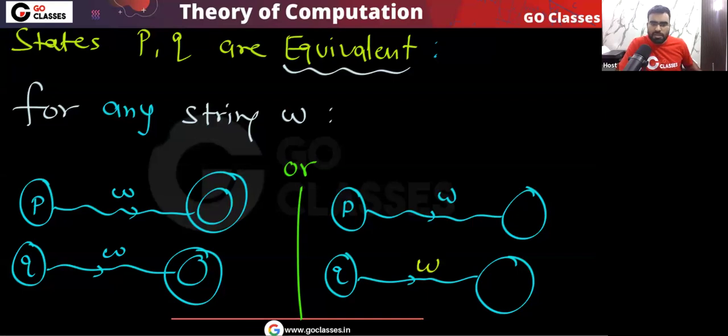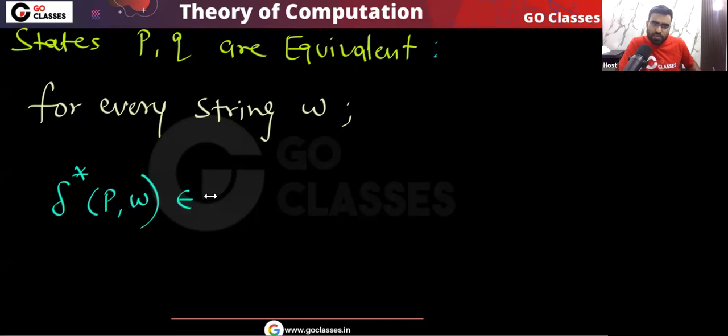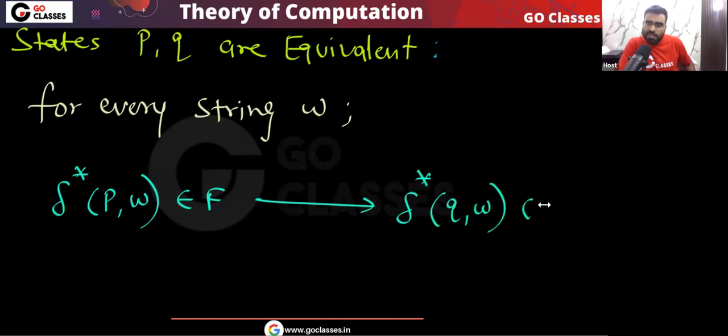Let me know. This is the definition of equivalent. So remember, I can say two states are equivalent if for every string W, if P is going to final, I can say delta star (P, W) is in F, then Q should go to a final state.